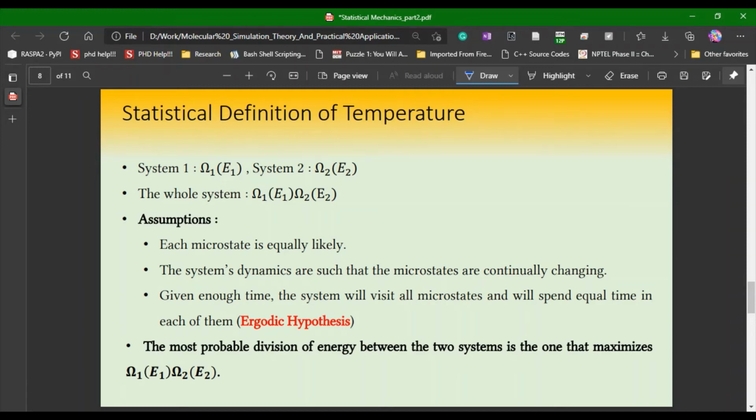So this is what is restated here, but here we have some mathematical terms. When this product of the microstates is maximized, that condition will define the most probable division of energy between the two systems.